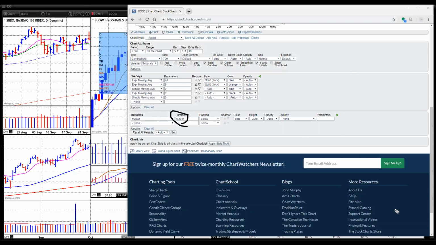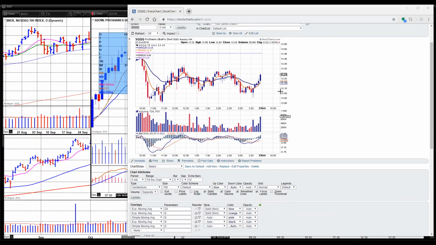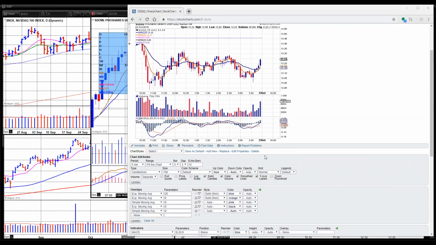Now the one thing that's different about this chart, and I'm not so much looking at colors on the MACD as I am the slow versus the fast. When you look at a MACD, you can recognize very quickly which line is the fast line and which line is the slow line. The slow line is obviously going to be the smoother one.